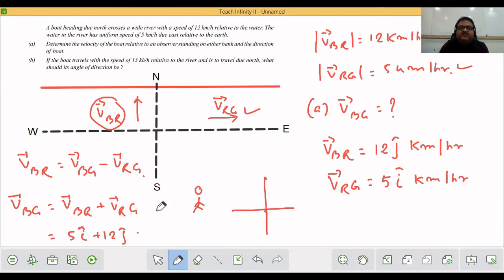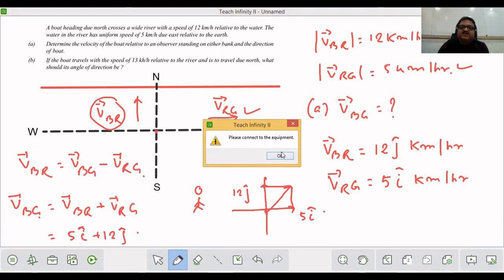With respect to the observer, boat has two different velocity. One velocity along this direction, 5 I cap. Another velocity along this direction, 12 j cap. So complete the parallelogram. What is the resultant? This. Clear? That means this will be the direction of the resultant.